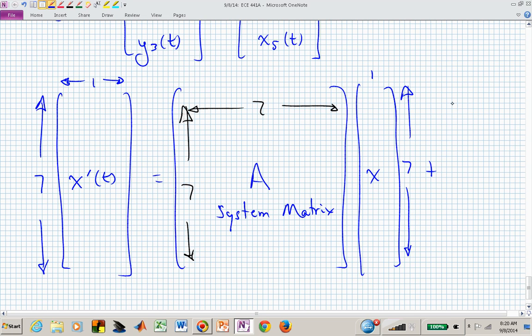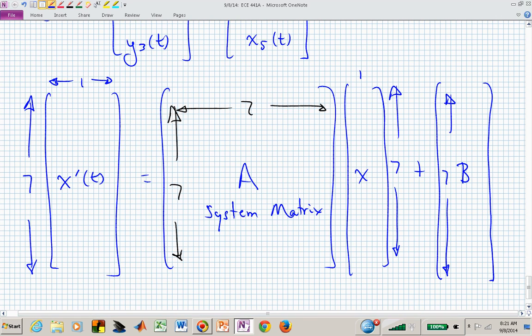Then we have our input matrix, and I may cheat because I have an effectively infinitely wide piece of paper. I can just keep scrolling over, but I'm going to have to squeeze this in. It has to be compatible with the state vector. We know it has to be 7 rows tall. And how wide is B? It has to be compatible with my input vector.